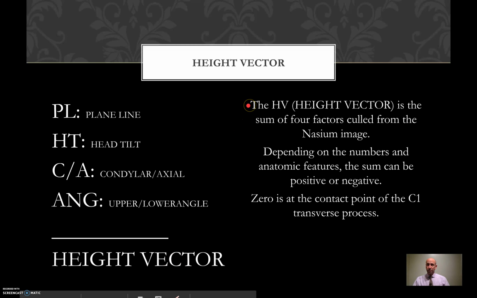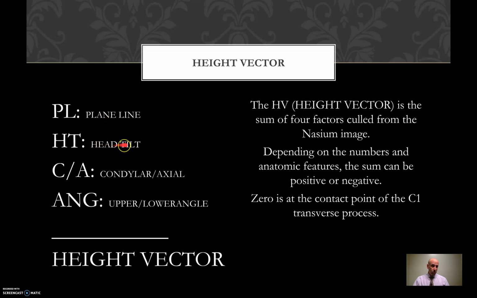So the height vector, or HV, is the sum of these four factors culled from the nasium image. Depending on the numbers and the anatomic features, the sum can be a positive or negative number. And 0, in terms of doing the calculation for this, is the contact point of the C1 transverse process. So for example, in a basic type 1, the plane line value is always a positive number.